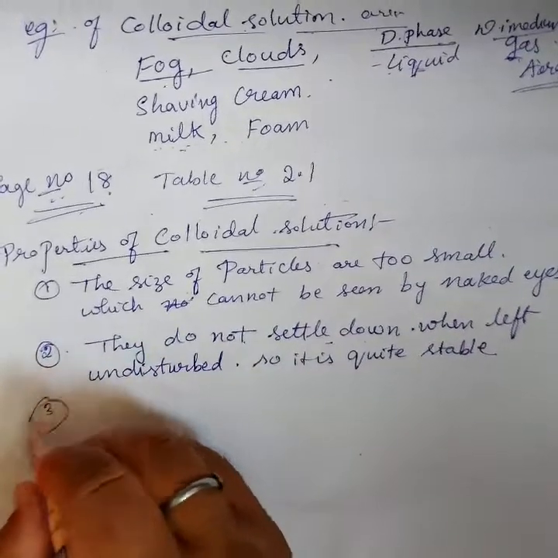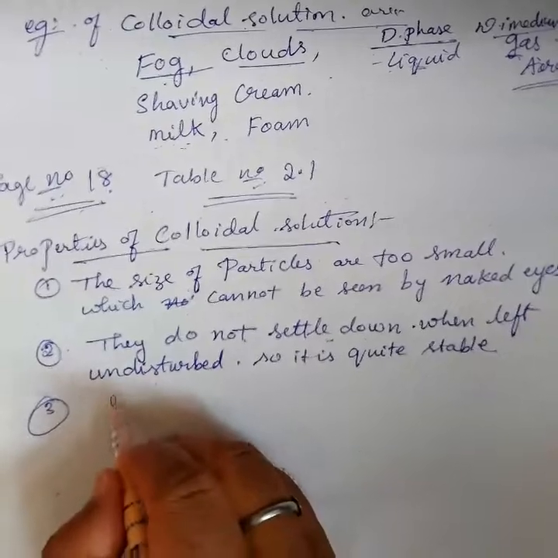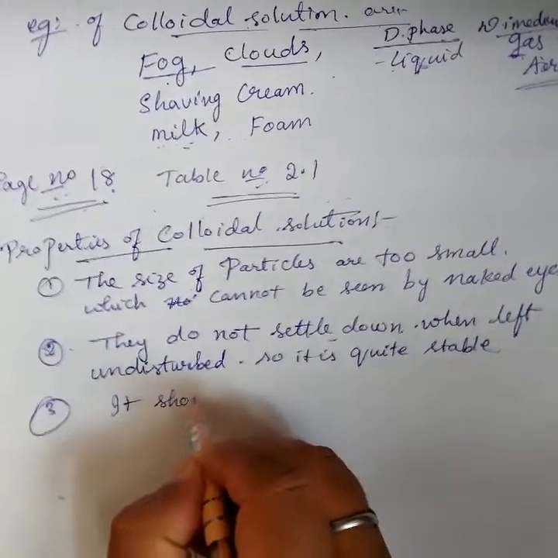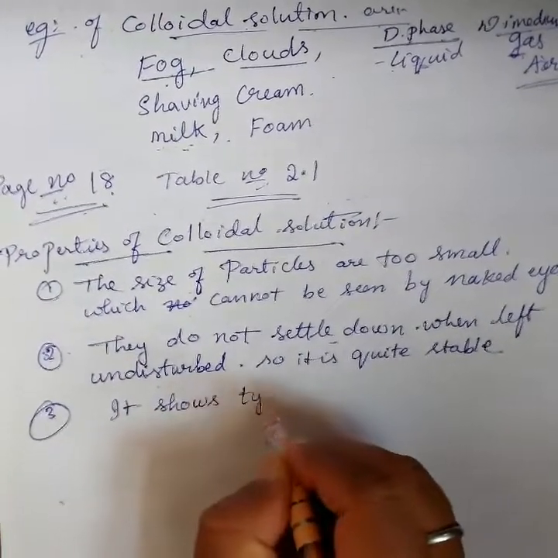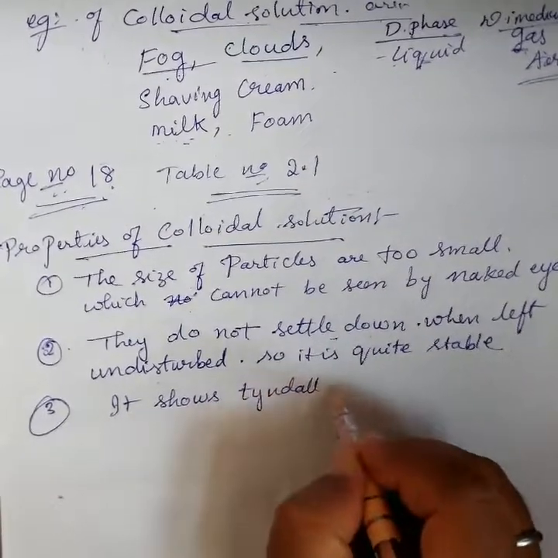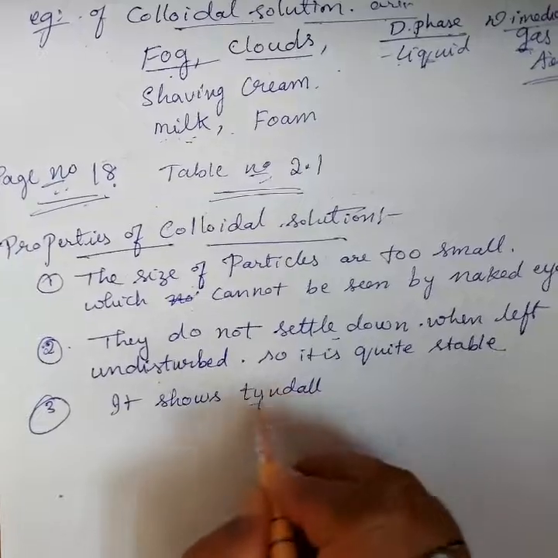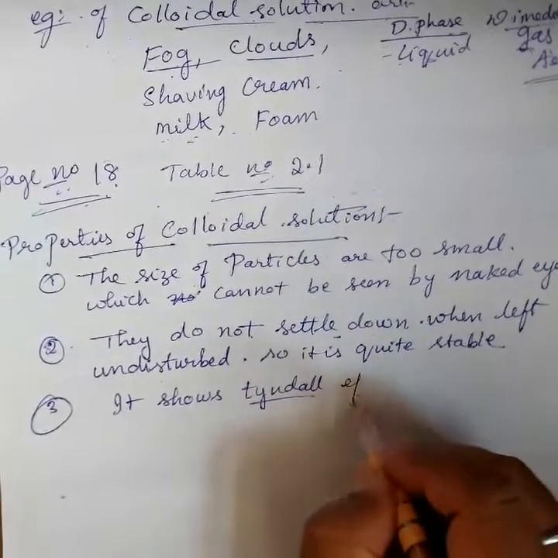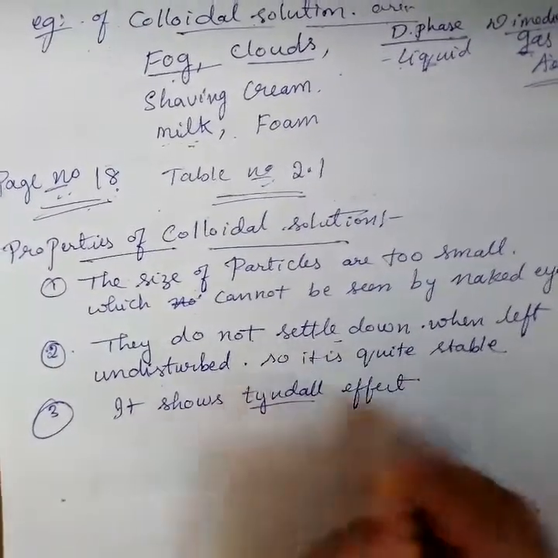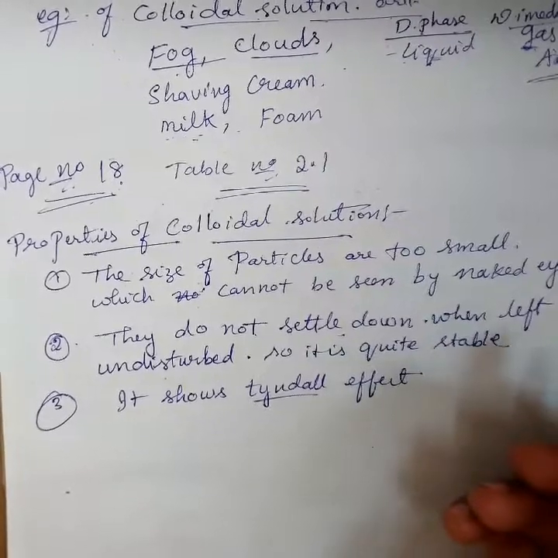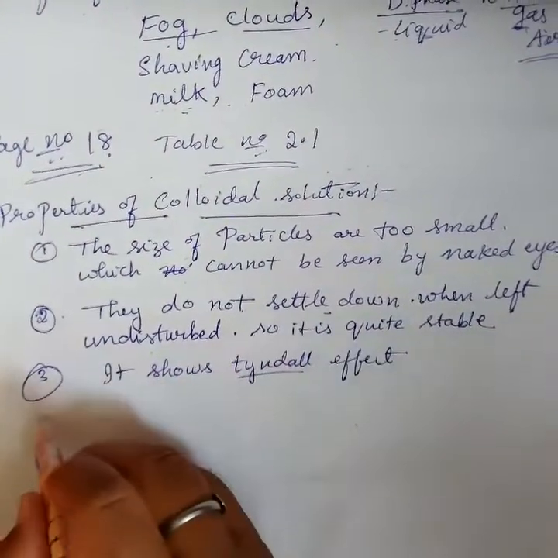Next, the third property is that it shows the Tyndall effect. The scientist's name is Tyndall, so it is named after him, the Tyndall effect. The Tyndall effect means scattering of a beam of light.